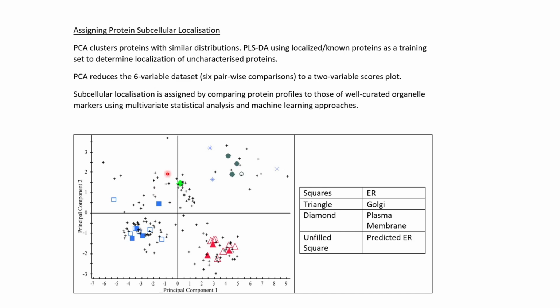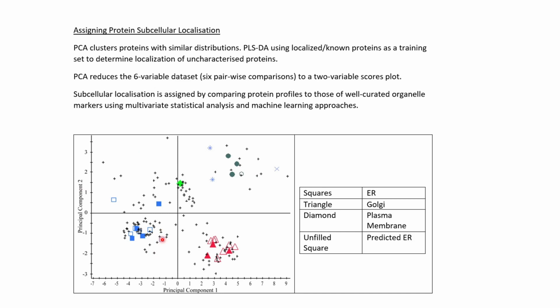And so if you want to predict the protein subcellular localization of a novel protein, you can then predict its location via the PCA plot. So the unfilled squares represent, so this is like a validation graph.